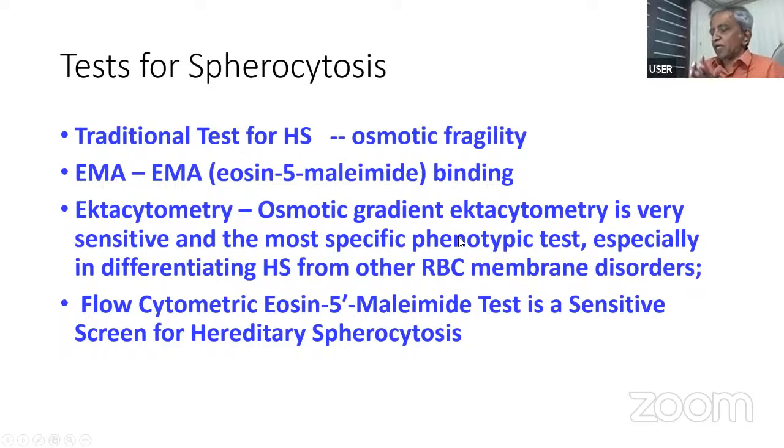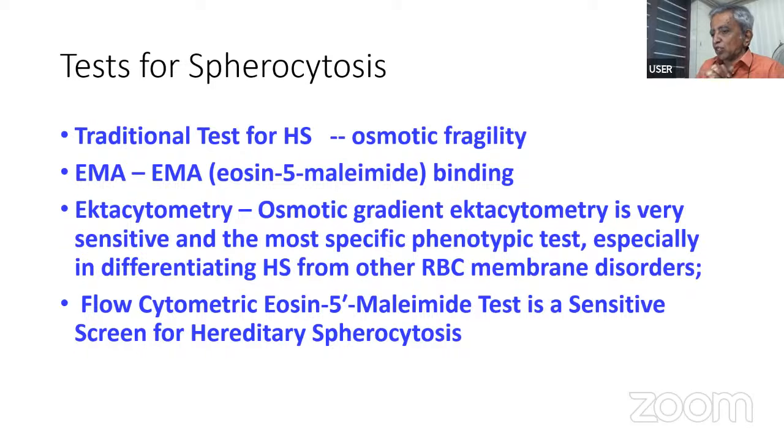We have seen so many types of RBC membrane defect. This ektacytometry test can differentiate between spherocytosis and other membrane defects. It is supposed to be a high-tech test, which I don't think many hospitals have. So we should remember about it.